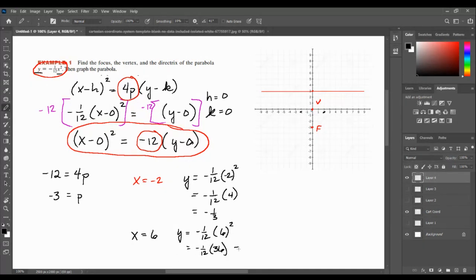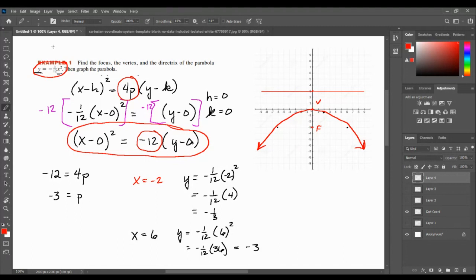So 36 divided by 12 is 3. So at 6, we've got a negative 3. Negative 6 would give us the same value. So there's the shape of our parabola. It's got this vertex, and it needs to hit those points. I didn't do a great job of it, but there's our parabola.